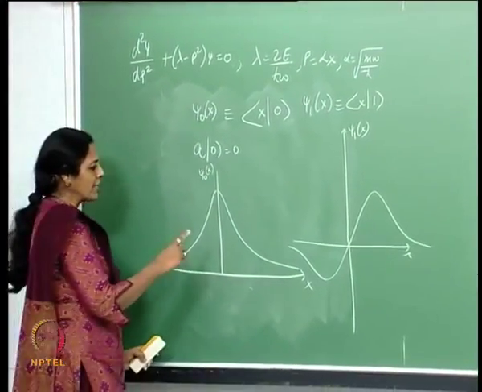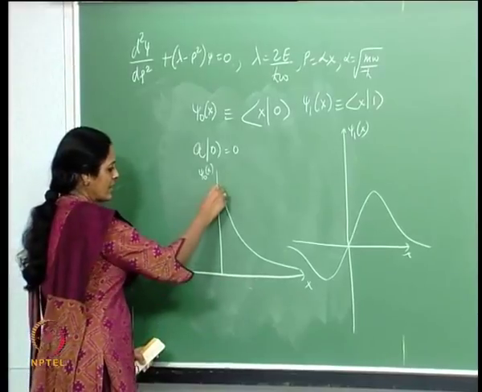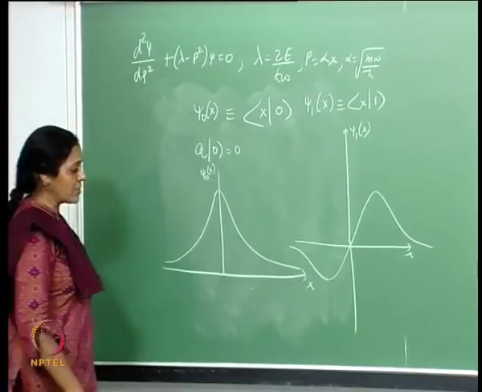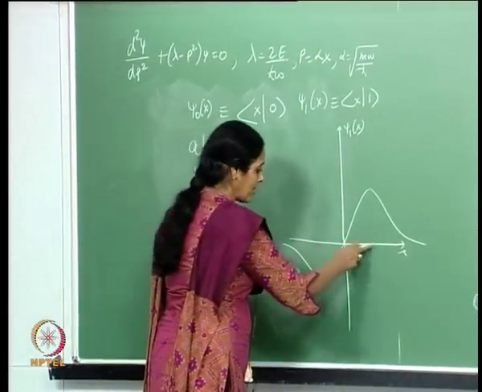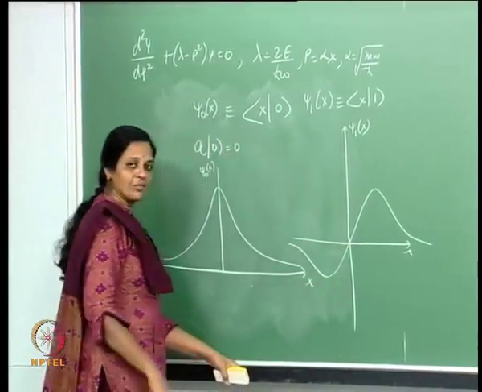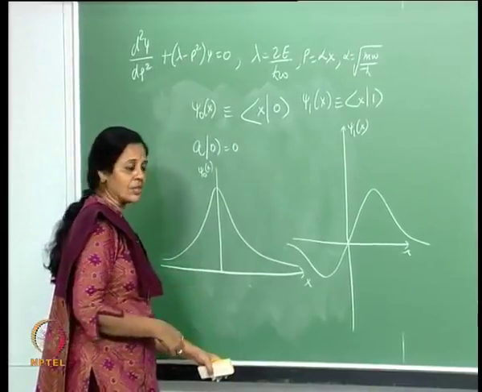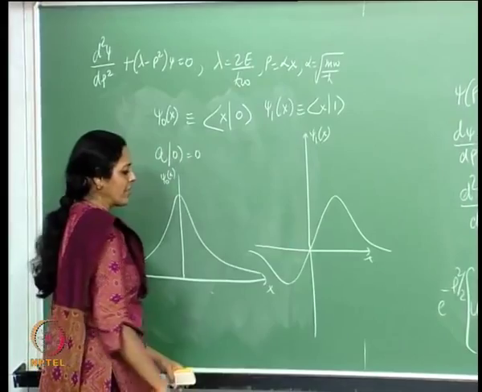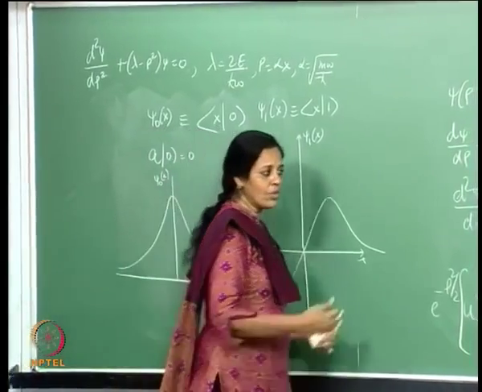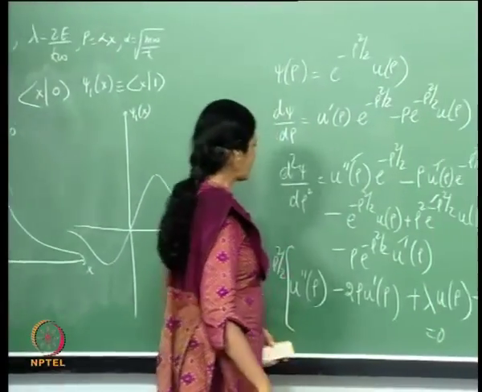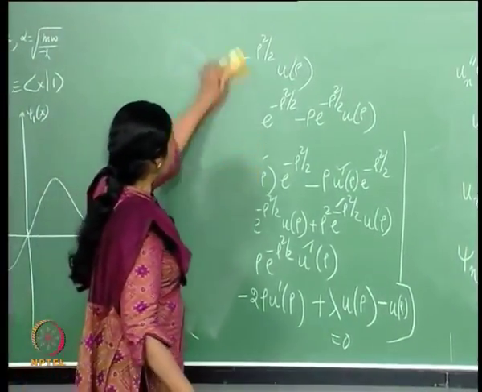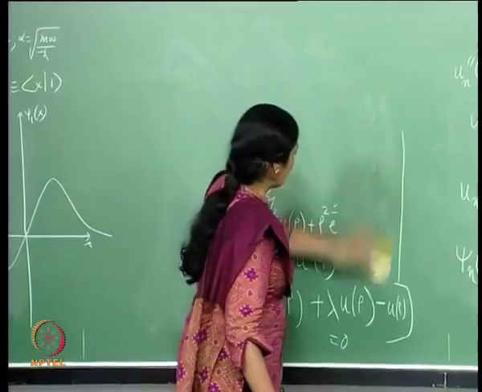Look at the number of times it cuts the axis. Psi 0 of x does not cut the axis, it just goes all the way to plus minus infinity. There is no finite value of x where the wave function vanishes as far as psi 0 of x is concerned. As far as psi 1 of x is concerned, it has one point where it vanishes, it is a node. A node is a point where the wave function vanishes. Now look at psi 2 of x, that is an even parity state.